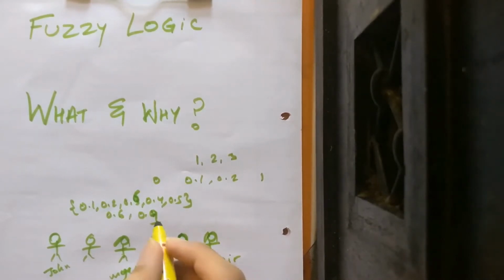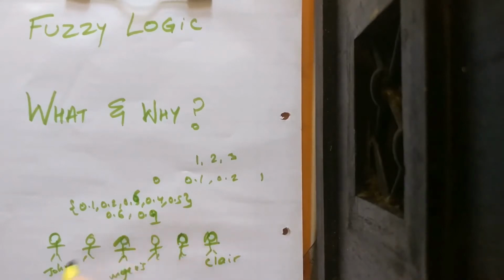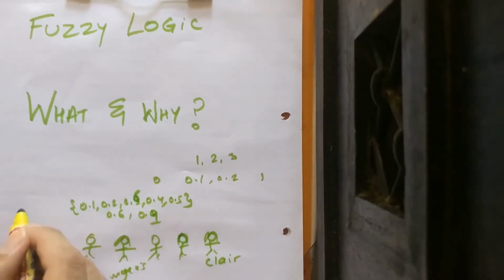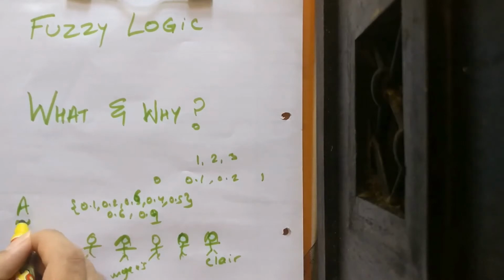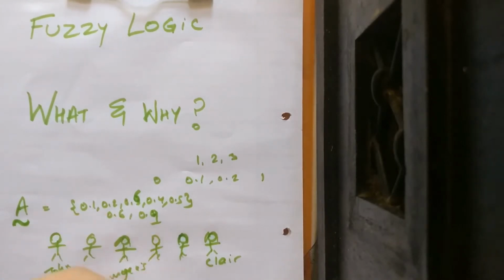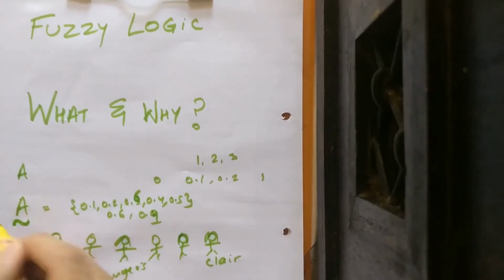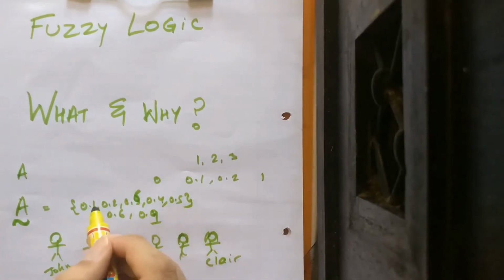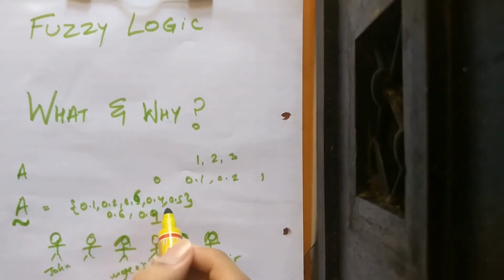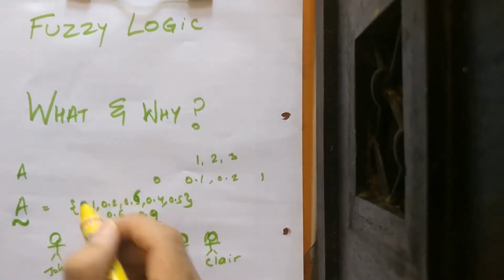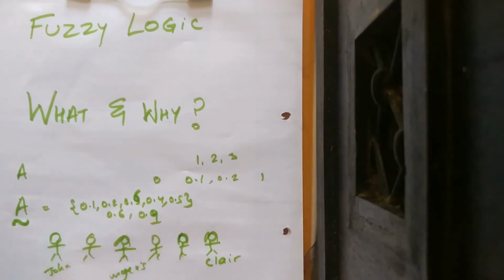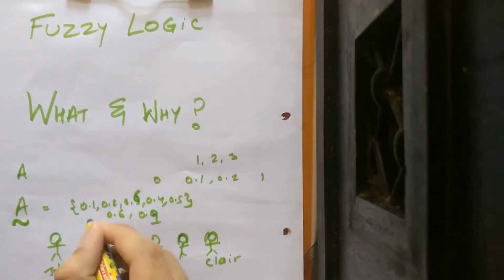So what do these values mean? This is a fuzzy set. Fuzzy sets are denoted with a tilde on their base, and normal sets are denoted like this. Now this fuzzy set has these values, which are called membership values. So for example, this one was for Megan.